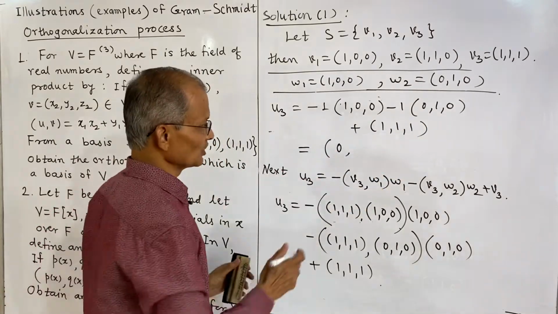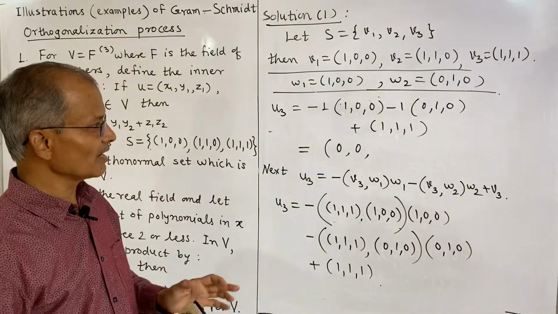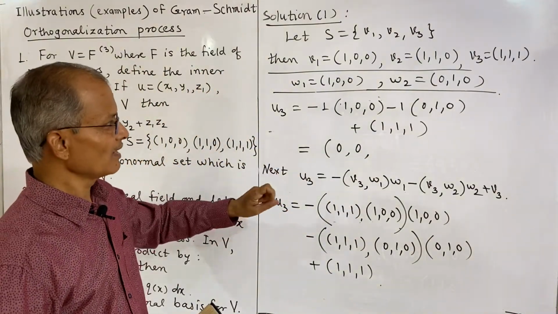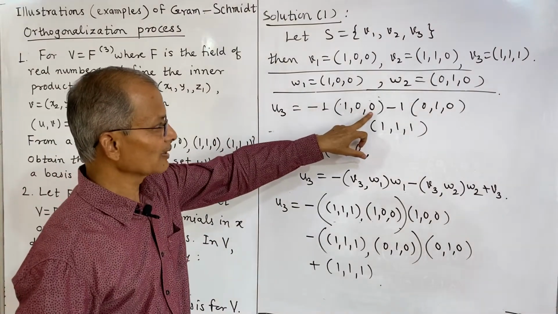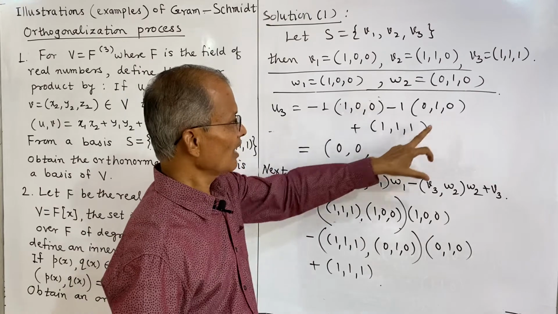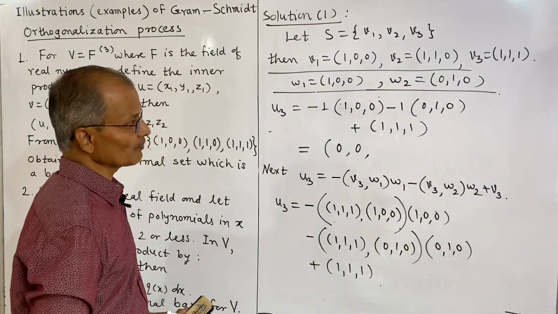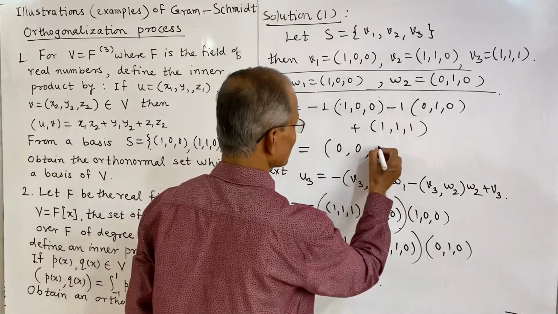So it is 0. In the same places, the components we have to add. Third component: 0, 0 and plus 1.